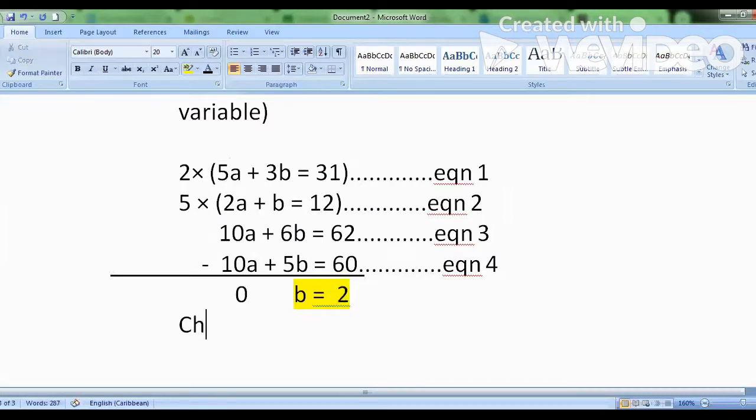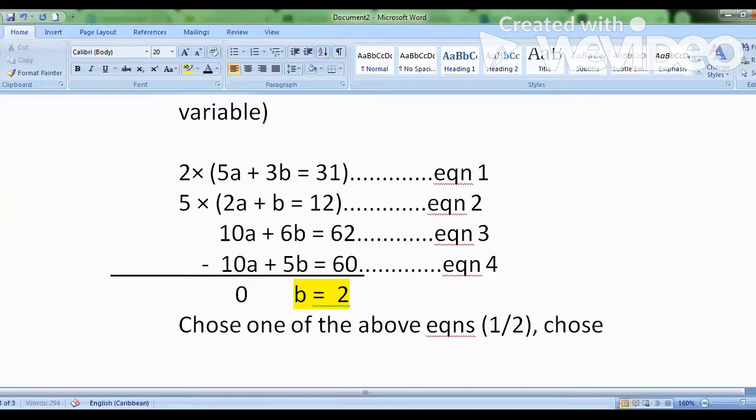The next step is that we're going to choose one of the above equations, either 1 or 2. You can choose 3 and 4, but it doesn't really matter. Let's choose 1. If you choose 2, it's still the same answer.